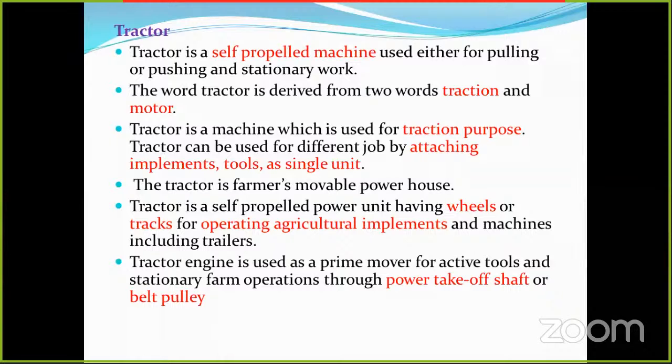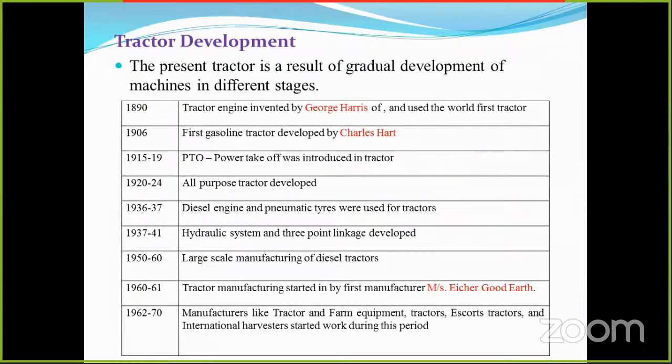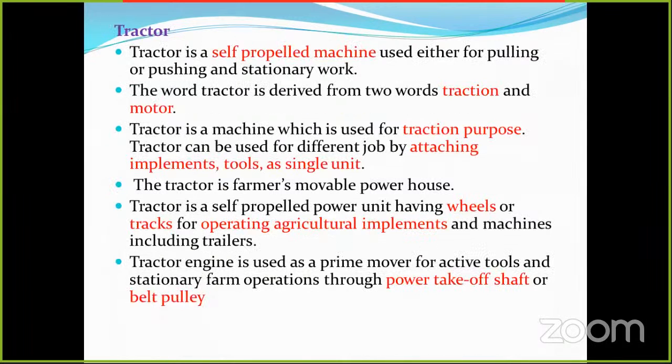One more thing here is the standard RPM, revolutions per minute, of the PTO: 540 plus or minus 10, or in modern tractors 1000 plus or minus 10. So note down these RPM values.